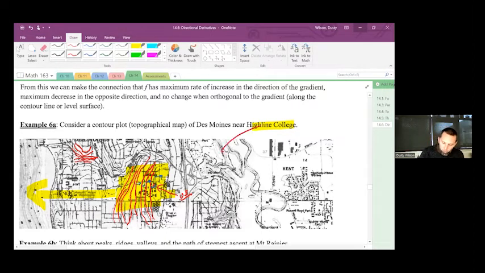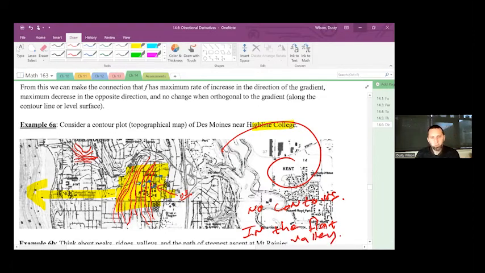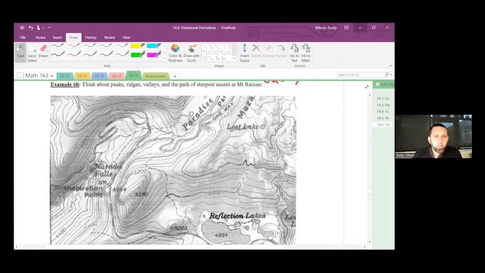Furthermore, if you jump over into the city of Kent, you'll notice there are almost no contours down here, or no really obvious ones. Why is that? It's because you're in the flat valley. Since you're in the flat valley, there's no elevation change, so there isn't going to be a lot of contour lines.